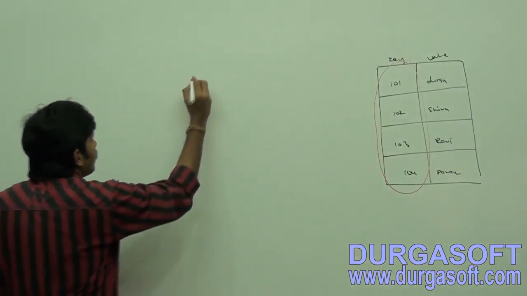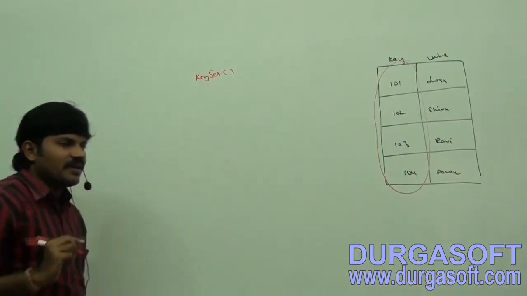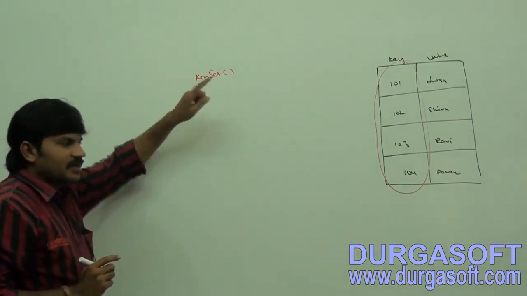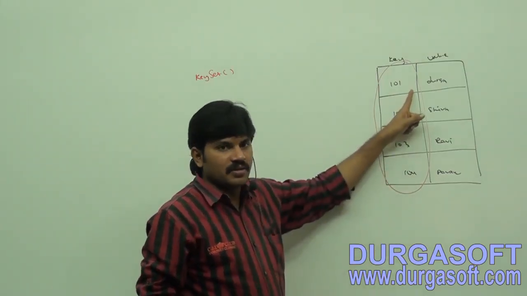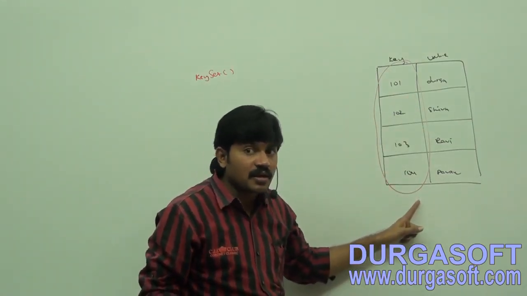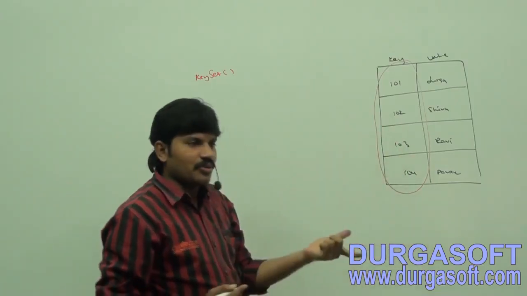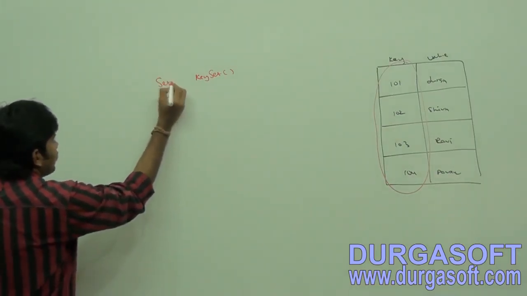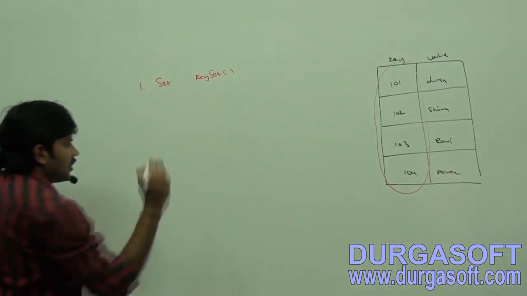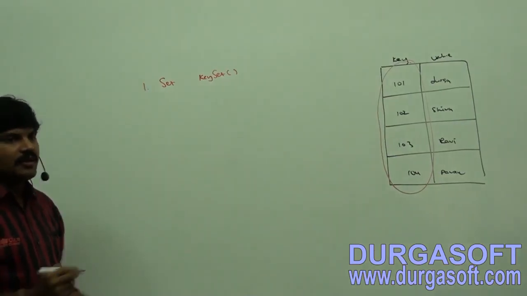Then we have to call the keySet method. Why am I using the term set? Duplicates are not allowed; duplicate keys are not there. That's why it is a set. So Set is the return type, and keySet is the method we have to call. Only keys by default we are going to get.